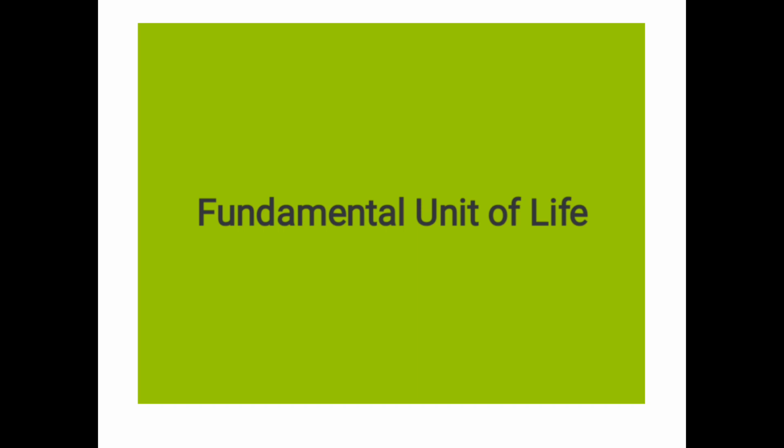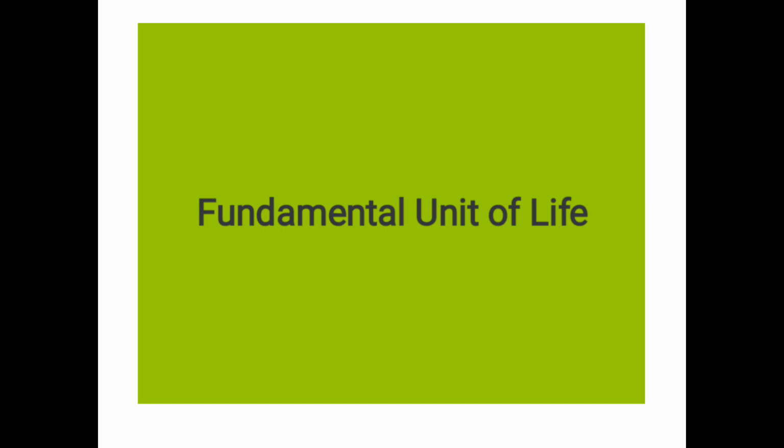This is the first chapter in biology in grade 9, which I am talking about in the NCERT syllabus. So the first chapter is fundamental unit of life. Which one is said to be the fundamental unit of life and why?